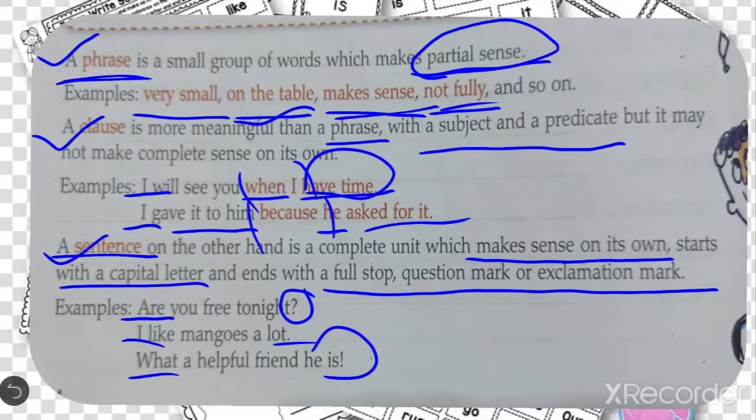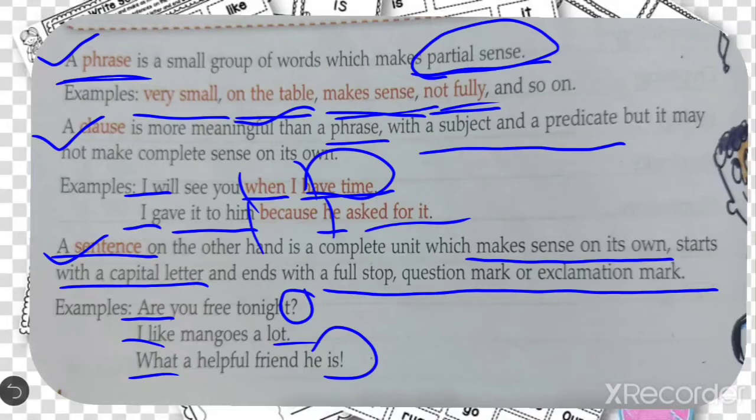So students, a phrase is a small group of two or three words which gives an incomplete meaning. A clause is more meaningful than a phrase, but still doesn't give a complete meaning. It has subject and predicate both.